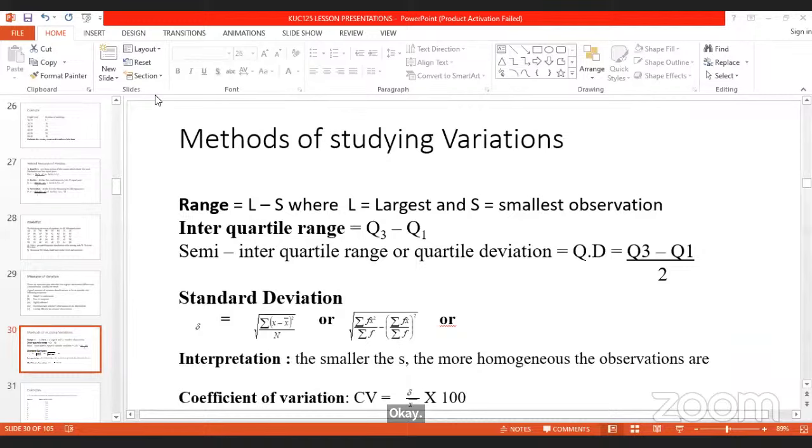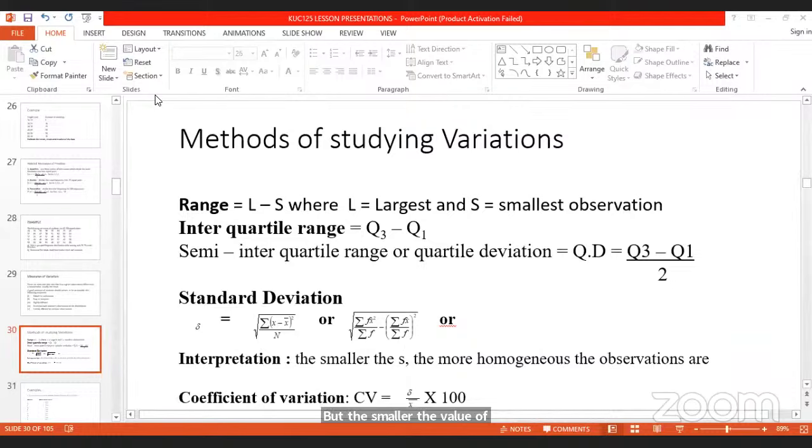So we wish to look at how we go ahead to find out this analysis of variation, if it is ungrouped data and if it is grouped data, and that will conclude our analysis.